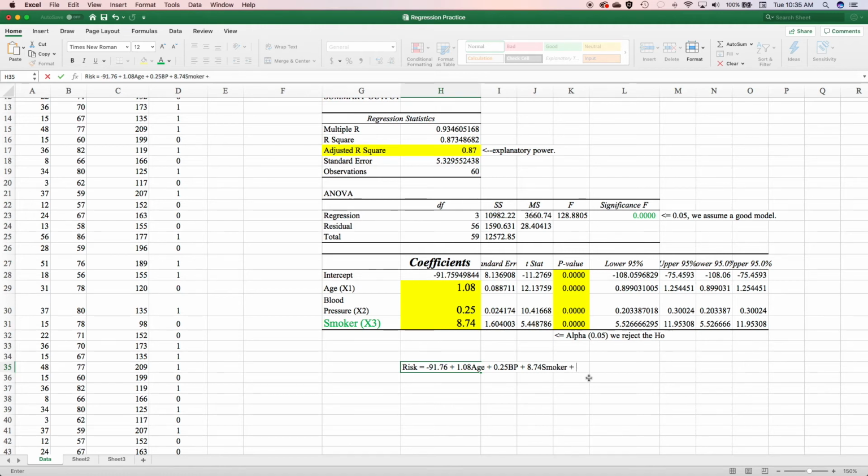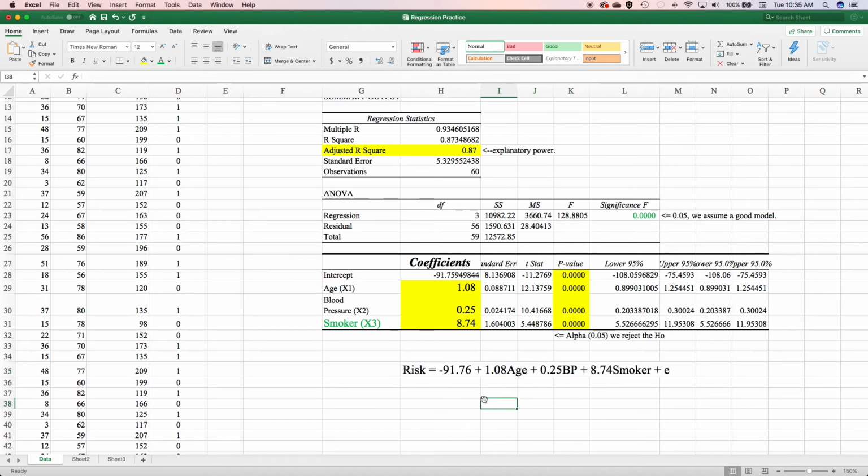That error term is the unexplained, and it is the amount that is not adjusted here, so it'd be approximately 13%. Okay? Those are other factors that make a difference.